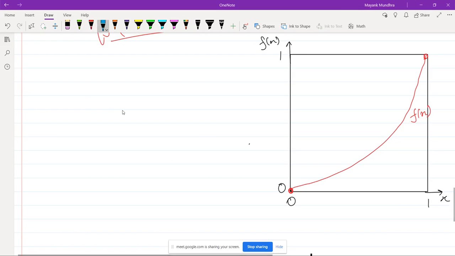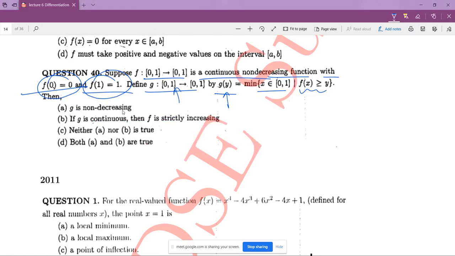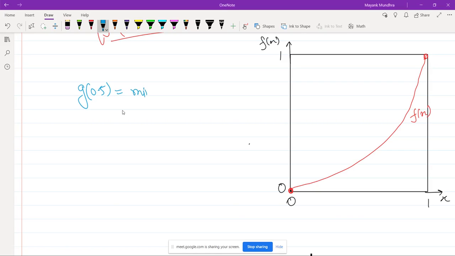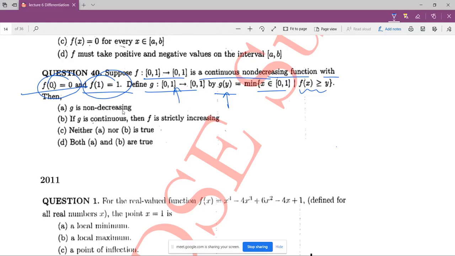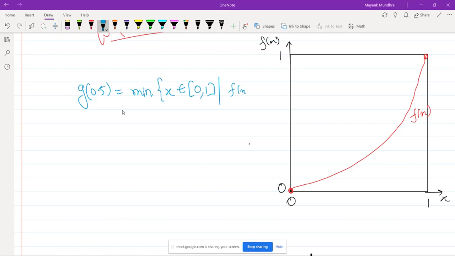Suppose you are interested in g(0.5). So g(0.5) is the minimum value of x in the interval 0 to 1 such that f(x) is greater than or equal to y. So let's draw the point half. So this is your 0.5.